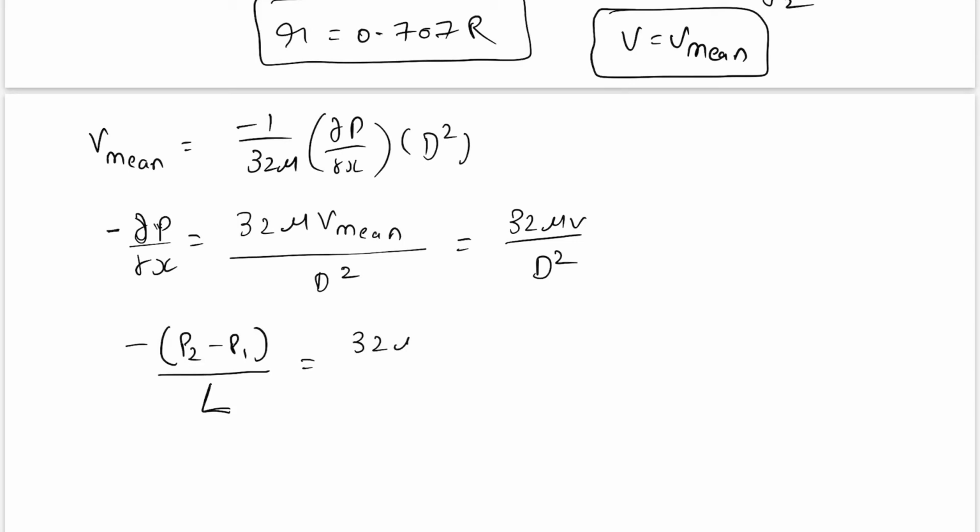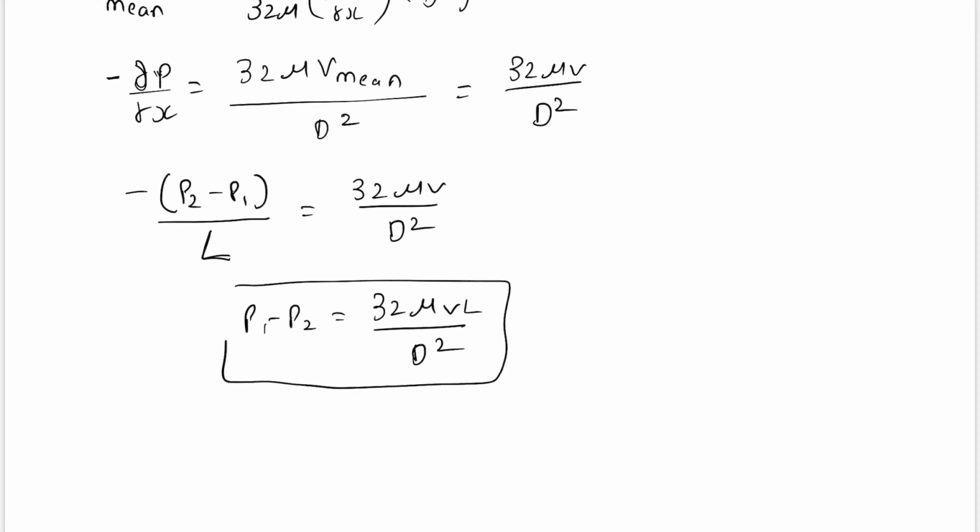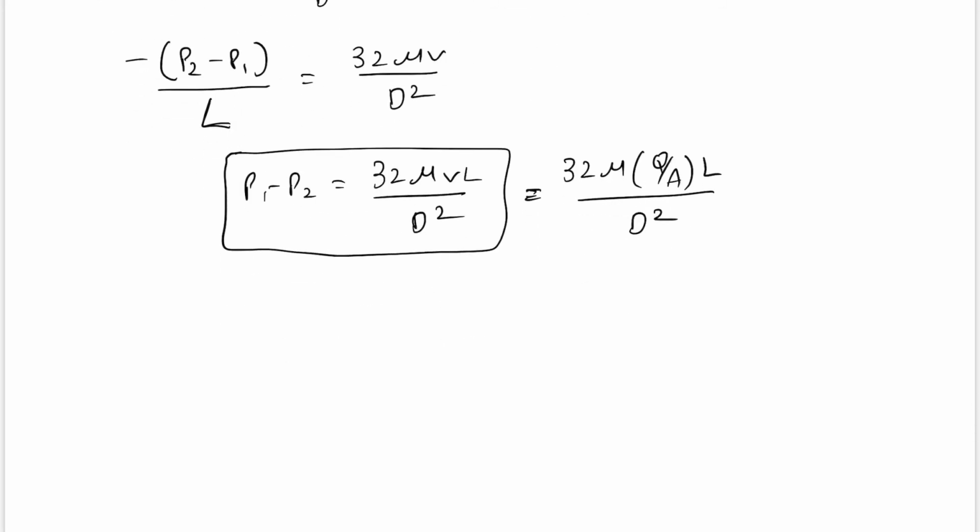Minus (P2 minus P1) is equal to 32 mu v by d square. From this, what will we get? Minus we'll take inside, so P1 minus P2 is equal to 32 mu VL by d square. Now here we can take V as Q by A. V, the average velocity, is equal to discharge by area. So 32 mu into Q by A into L by d square.